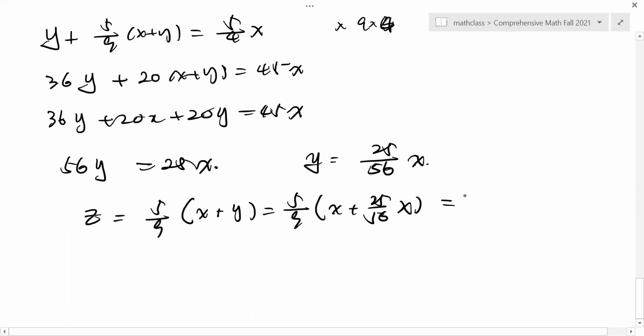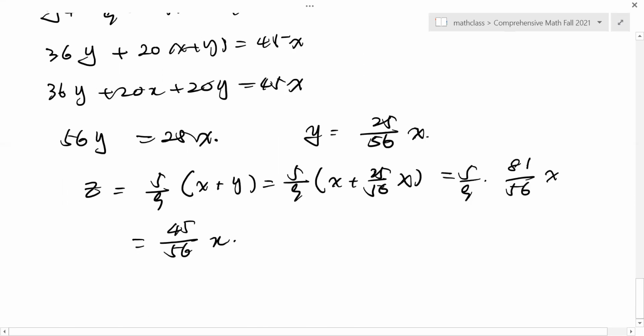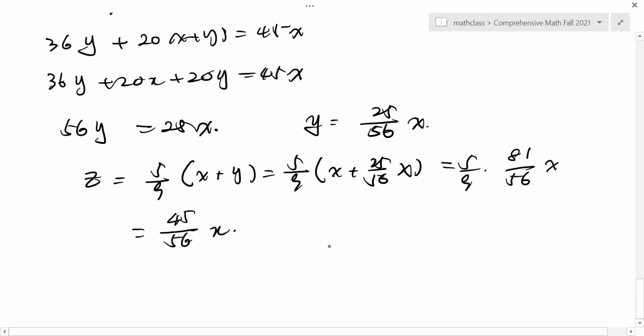It's 5 over 9 times 56 plus 25, which is 81, over 56, times x. 81 divided by 9 is 9, so z is 45 over 56 x. Now it's clear.